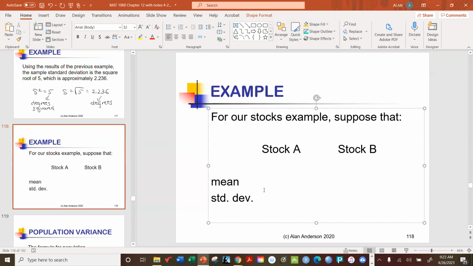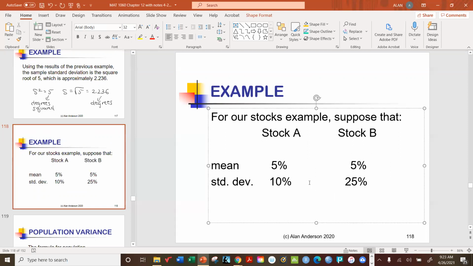And let's say that, just as we saw before, the mean is 5% for both, but the standard deviation for stock A is 10%, and for stock B, it's 25%. So now we didn't have the original data, we couldn't do it ourselves, but let's just say this is what we ended up with. And you can see at a glance that stock B is clearly riskier than stock A.